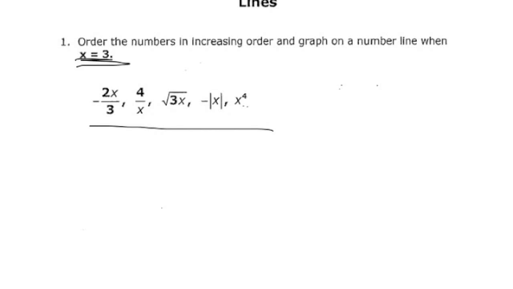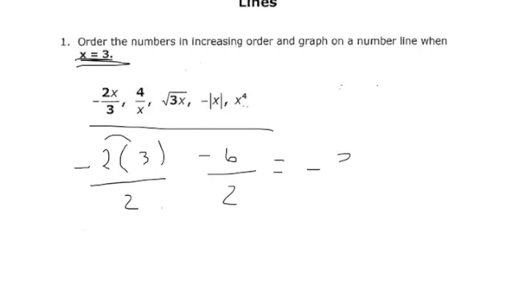On the first one you have minus 2x over 2, so instead of x you're going to put a 3. So you have minus 2 times 3 over 2. Minus 2 times 3 gives you negative 6 over 2, and negative 6 divided by 2, of course, is negative 3.